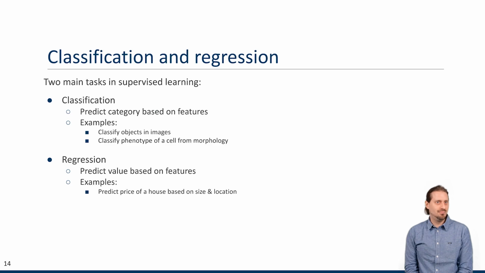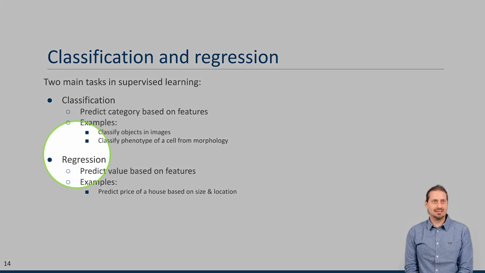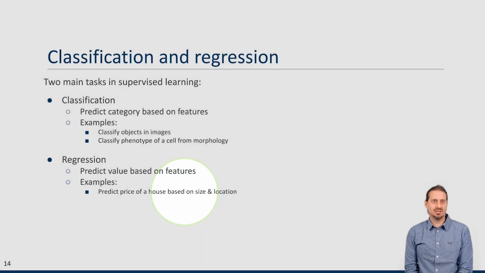And the other problem is regression. In the case of regression, we are not predicting these discrete categories, but instead we predict a value based on the features. A good example for this would be to predict the price of a house based on its size and its location, and maybe also other features. But the price is a continuous value, ranging from 100,000 to 1 million dollars or euros, and it's not a simple category.